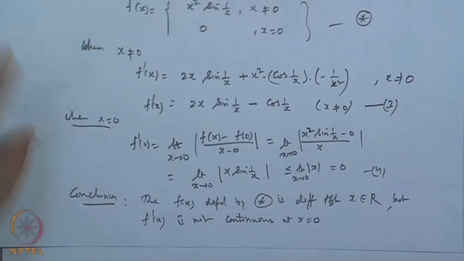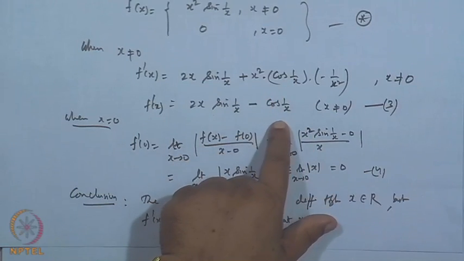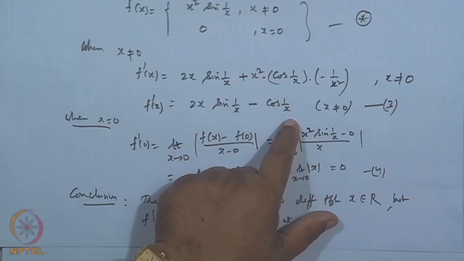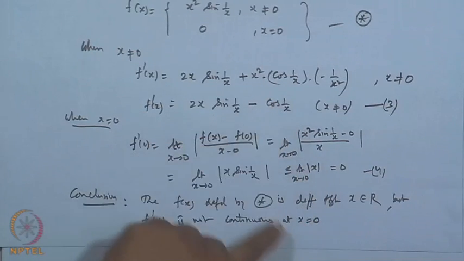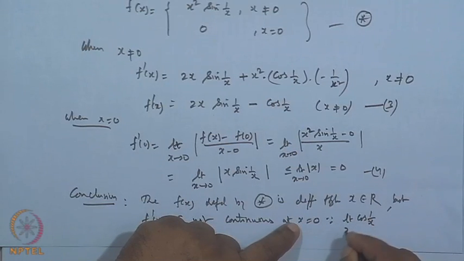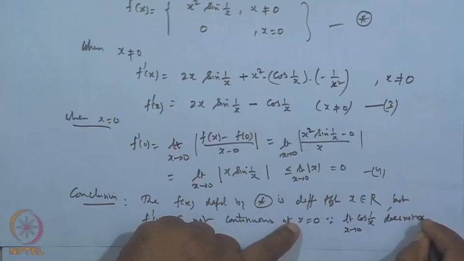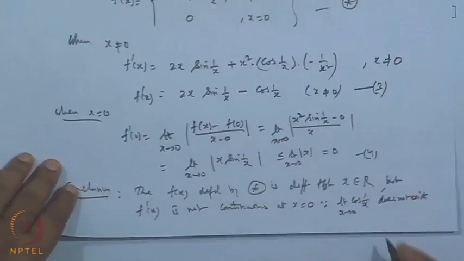Why? Because the derivative involves cosine of 1 by x. So, when you take the limit as x tends to 0, the limit does not exist, because the limit of cos 1 by x as x tends to 0 does not exist, which is available in 3.